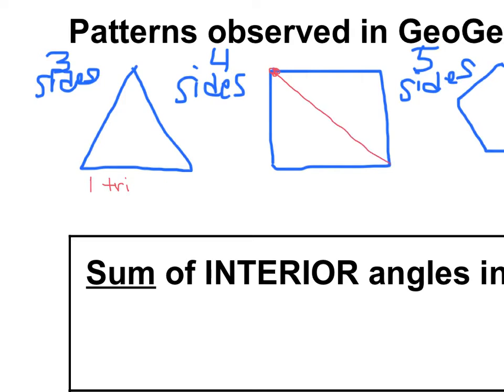You saw on the first page that a diagonal is a segment that connects any two non-consecutive vertices. If I went from this point to this point, those would be consecutive vertices, and I'd just be redrawing a side, so that doesn't make sense. So a diagonal connects non-consecutive vertices, and this four-sided figure is just divided into 2 triangles.